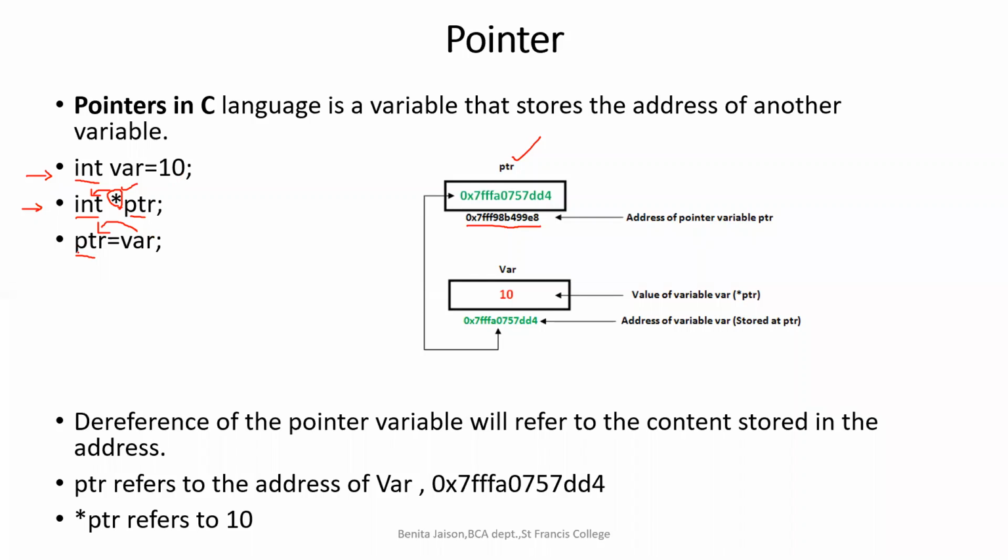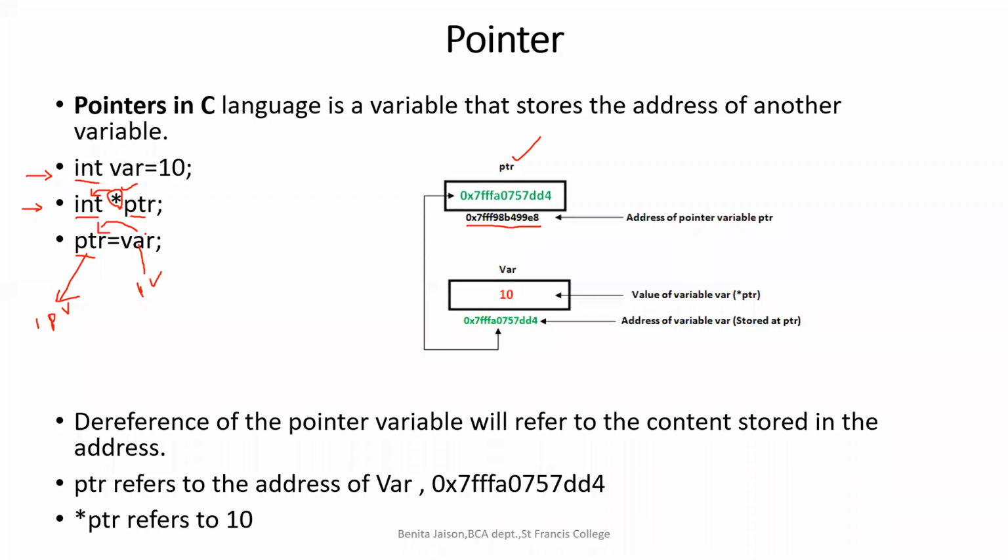And in this step, when we do PTR equal to VAR, PTR is an integer pointer variable, but VAR is an integer variable.